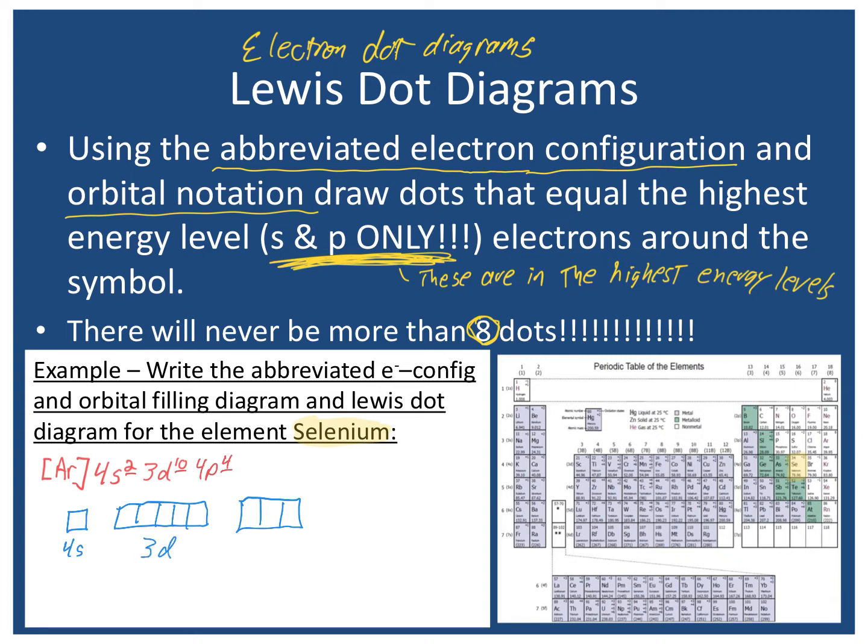Make sure I have my orbitals labeled. Well, 4s had 2 electrons in it, so it gets an up arrow and a down arrow. 3d has 10 electrons, 1, 2, 3, 4, 5. Remember, they half fill first, and then they fully fill up. 3, 5. And 4p has 4 electrons.